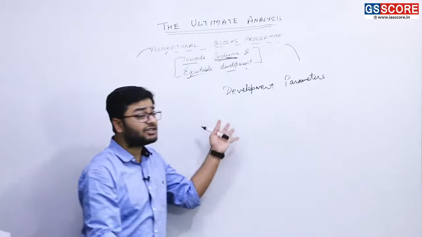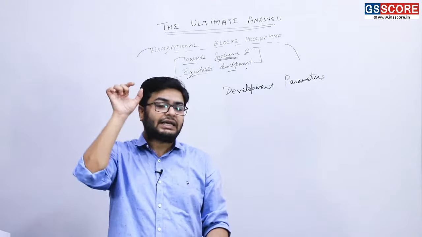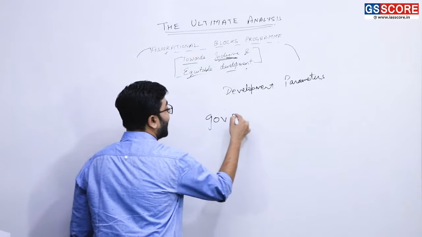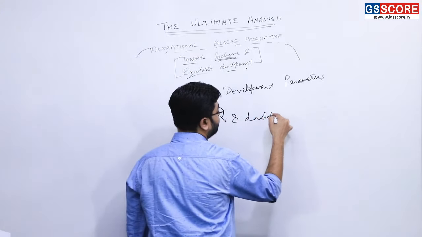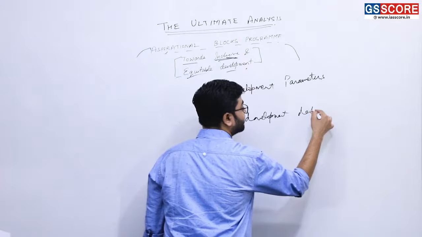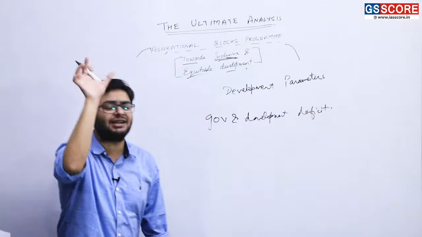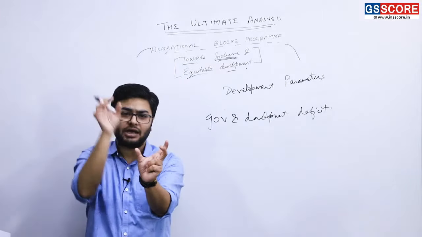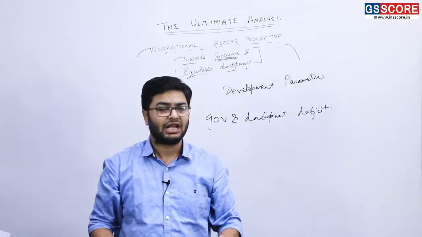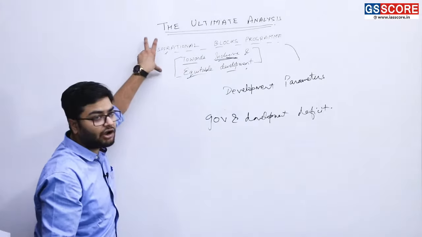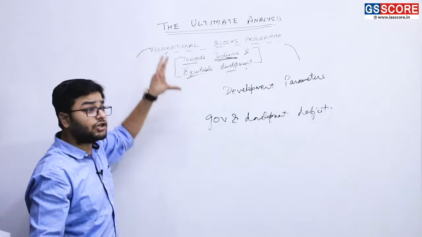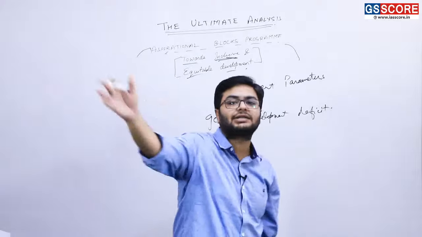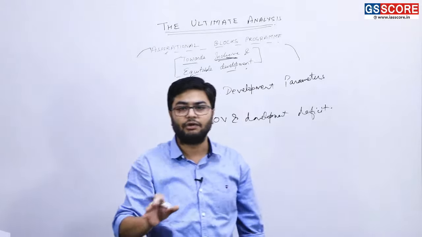So the idea is very, very surgical. It strikes at the core of governance and development deficit. जहां कमी है डेवलपमेंट और गवर्नेंस की, जहां वो गैप है, उस गैप को फिल करना है. So that is the kind of the idea of aspirational blocks program. So it is not a one size fits all approach कि सारे डिस्ट्रिक्ट्स के लिए हम एक ही काम करेंगे. नहीं, we won't do that.